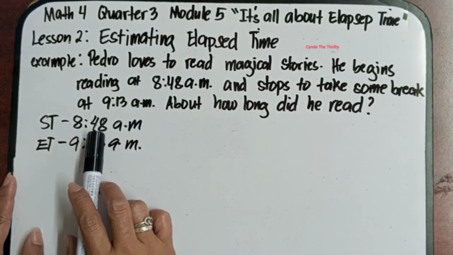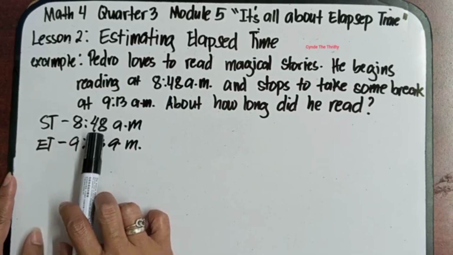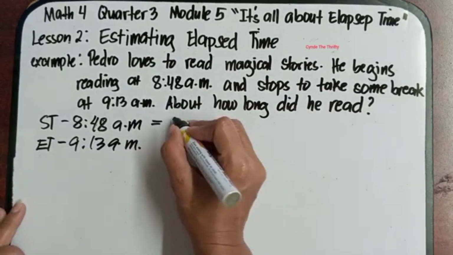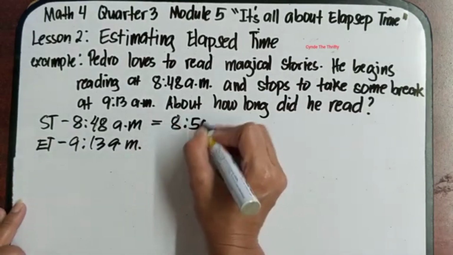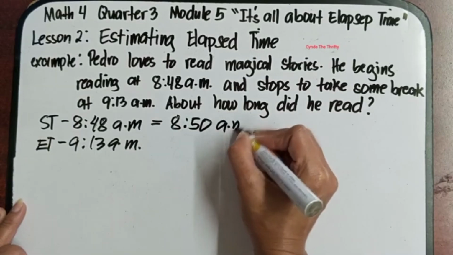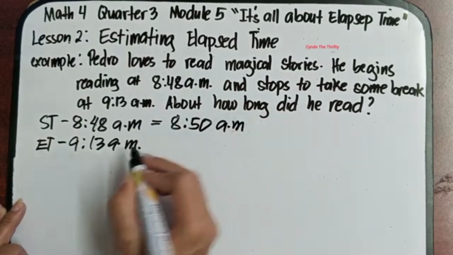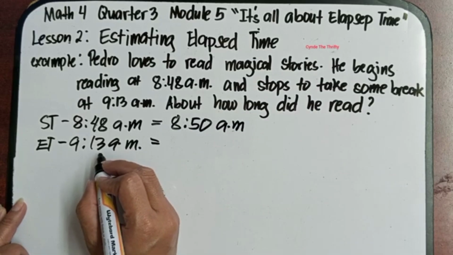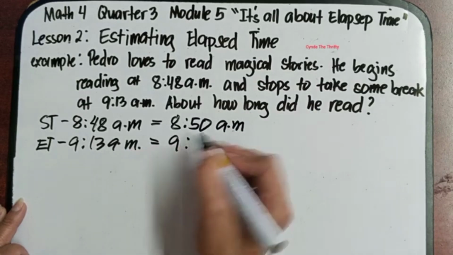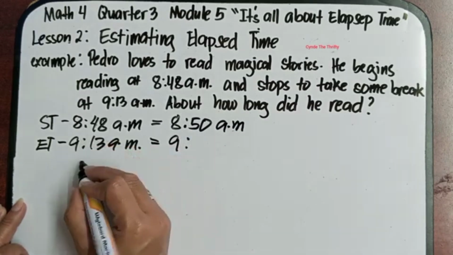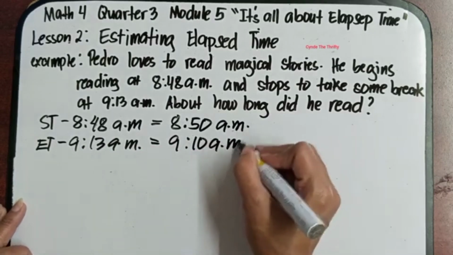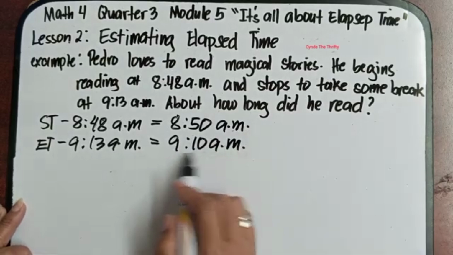I-round off natin ang ating 48 minutes to the nearest 10. So, si 8:48 is magiging 8:50 a.m. And then si 9:13, i-round off natin to the nearest 10 is magiging 9:10. So si 13, i-round off natin sa 10 kasi mas malapit siya sa 10. So ito na yung estimated time natin.